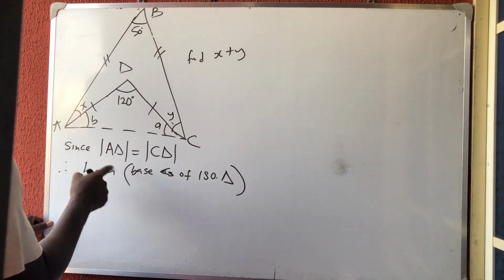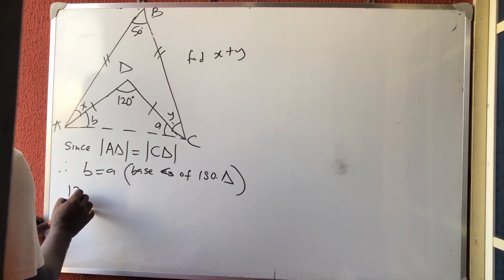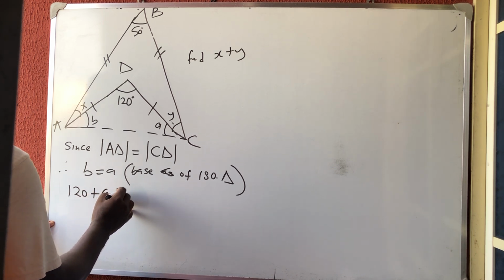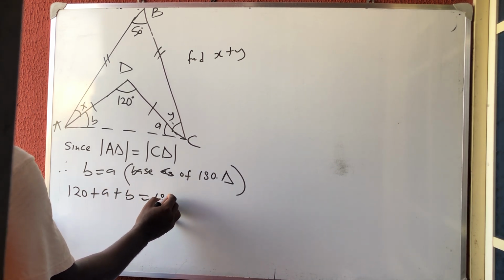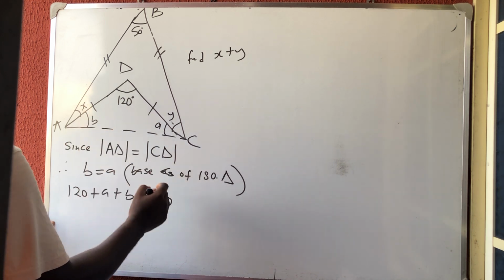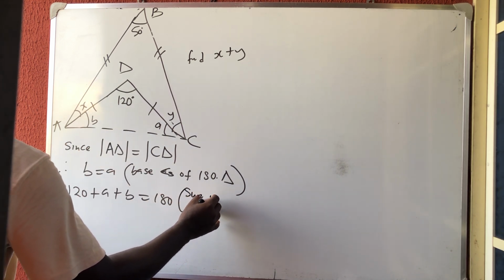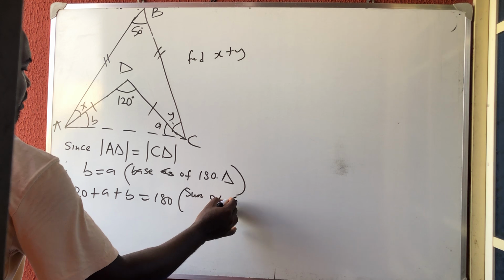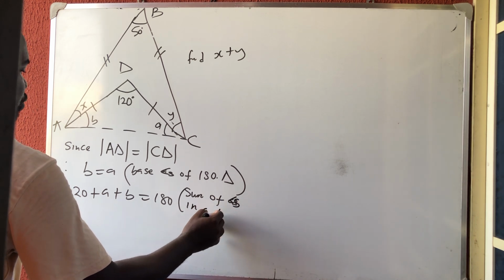So therefore, since they are equal, I can say that 120 plus A plus B is equal to 180 degrees. This plus this plus this. So my reason is sum of angles in a triangle.